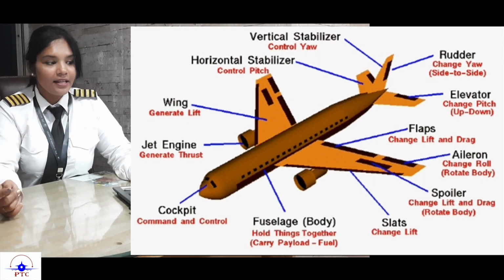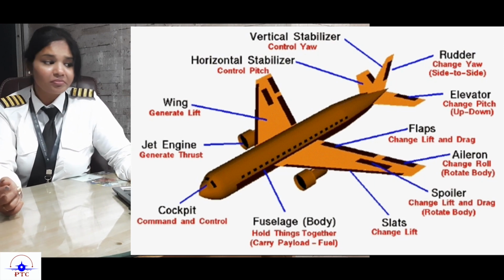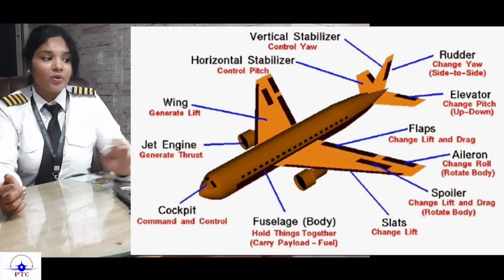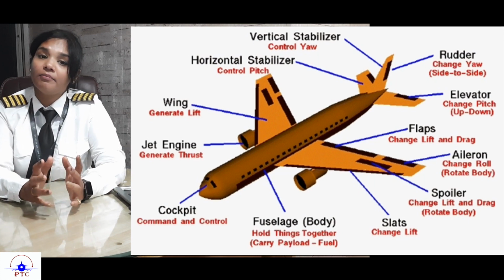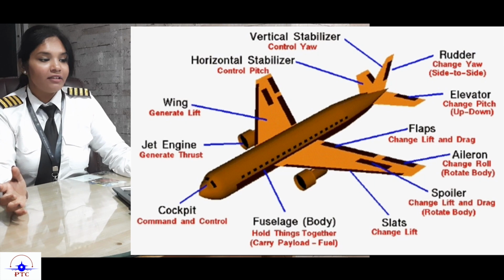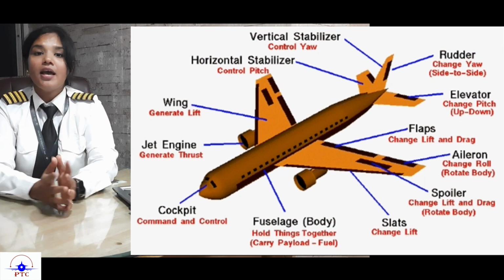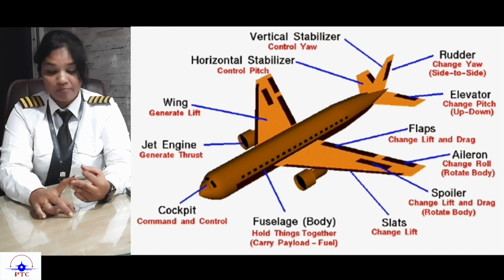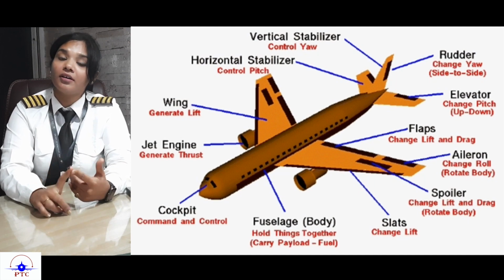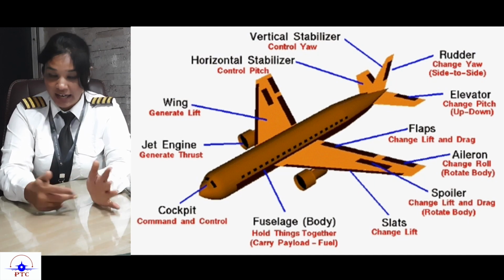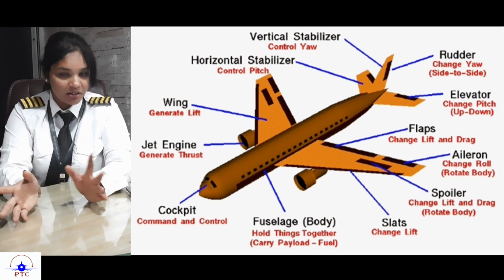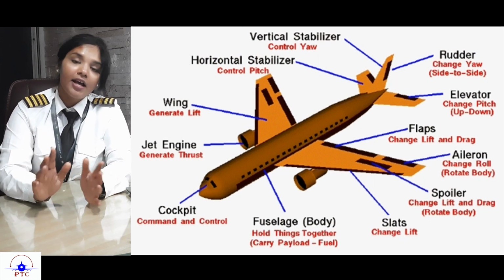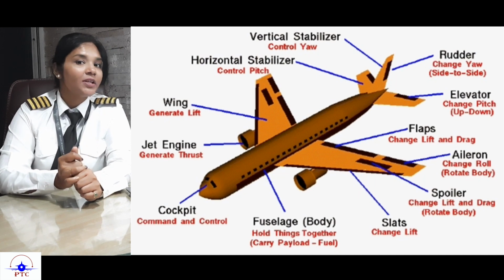And then you have the wings of the aircraft, which are basically used to create lift. So wings are for lift, then we have engines for the thrust, then we have your landing gears for takeoff and landing, and then you have some secondary flight controls which we'll study later, and then lastly you have something called the empennage.